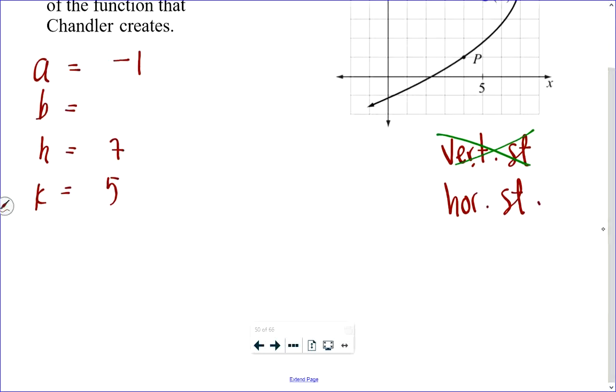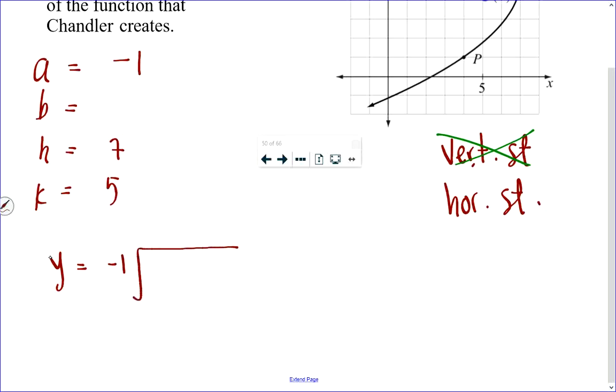When Chandler loads the parameters into his function, he gets y equals negative 1, f of, which is the square root, b, which he does not know, x minus h, which is 7, plus 5, which is k. How are we going to find b? Well, you're going to load in an ordered pair because b is a missing parameter.